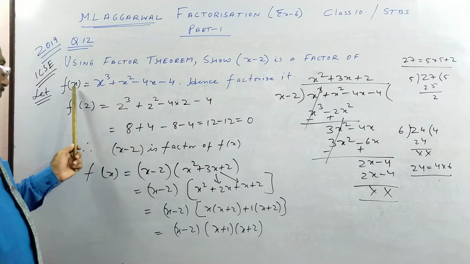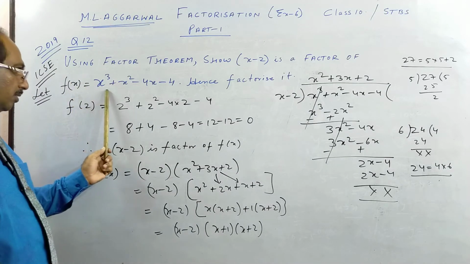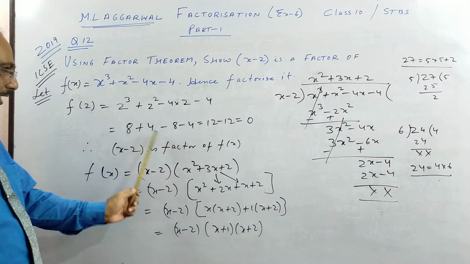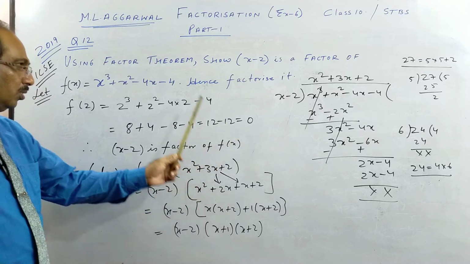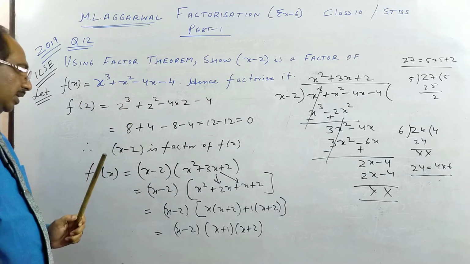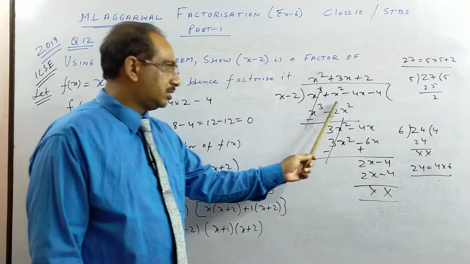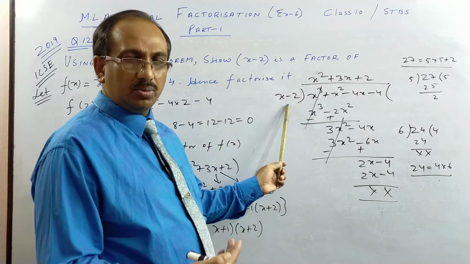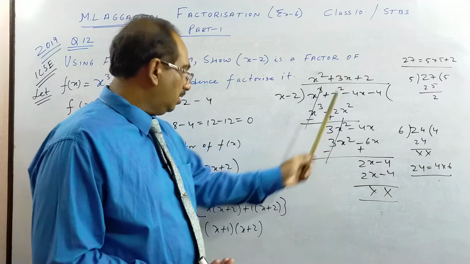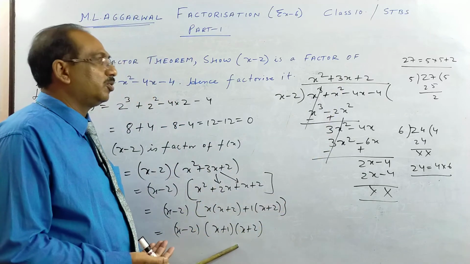This is f(x); in place of x I put 2, wherever x is there, and I see what I get. When you get 0, it means this is a factor, so you get 1 mark here. Now you divide this cubic equation by x minus 2 because we know it's a factor. Then we get a quadratic equation which can be further broken into 2 more factors.